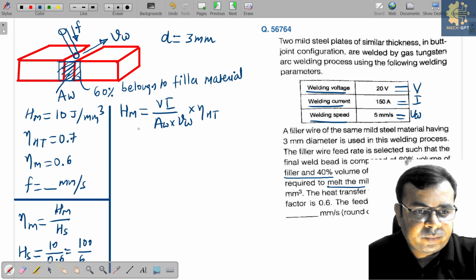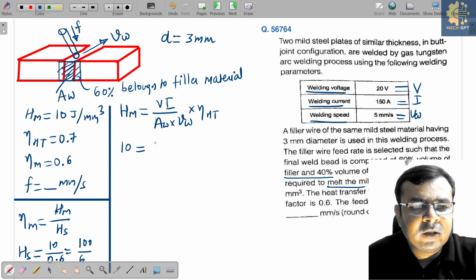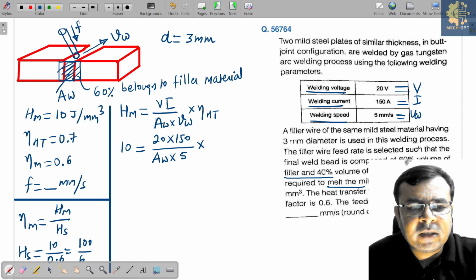HM is nothing but 10 joule, which is already given in the question, which is equal to VI. V is also given, that is 20, into I, given as 150 ampere, over AW. We need to calculate AW, and VW is also given, that is 5 millimeter per second, and eta efficiency, that is 0.7.